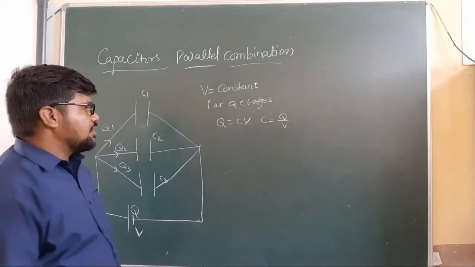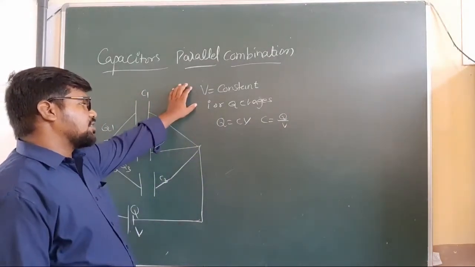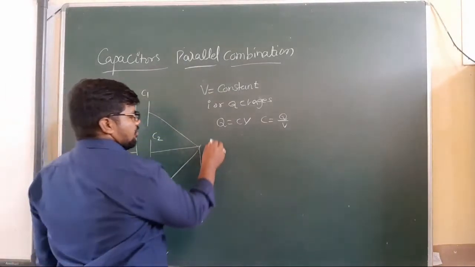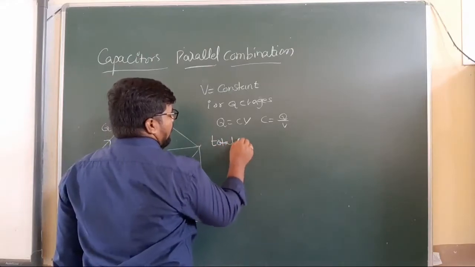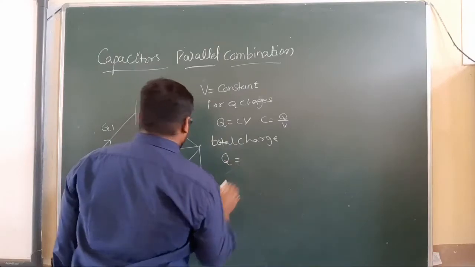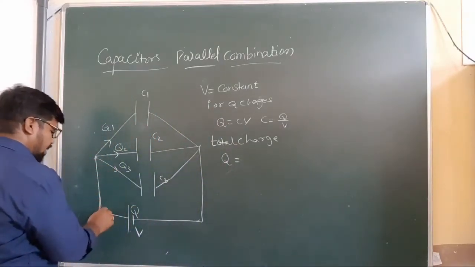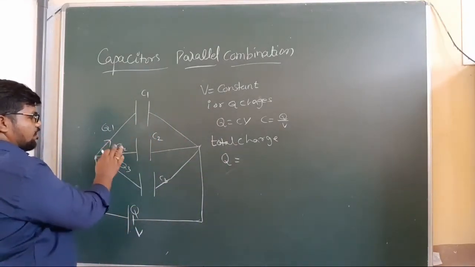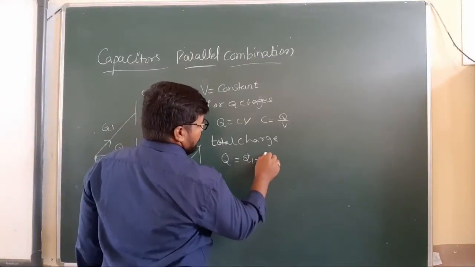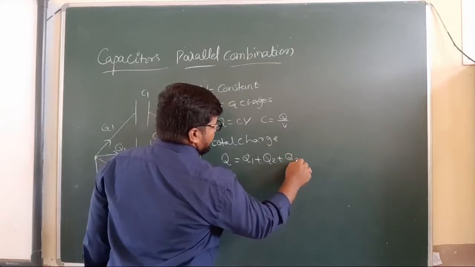So in this circuit, potential difference is constant. We know that the total charge Q, at the junction, can split into Q1, Q2, Q3. Like that, Q is equal to Q1 plus Q2 plus Q3.